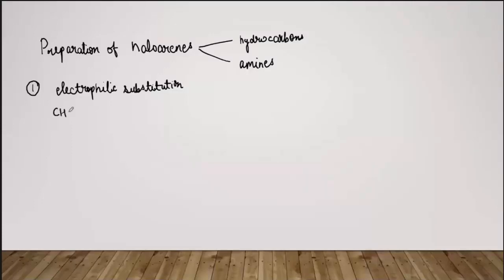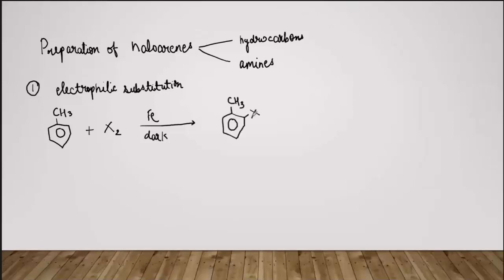I am first writing down the reaction. This is toluene. Then this is the halogen. This is iron, the Lewis acid that I just told you about. And it is done in the dark. The results that we get are: the halogen is attached here.